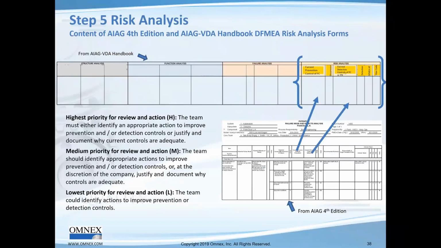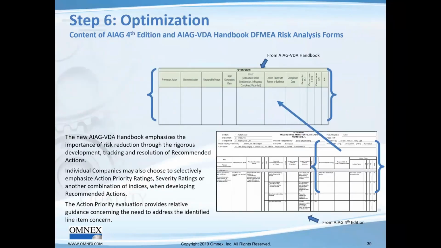All right. So medium, again, identify appropriate actions to improve prevention and detection controls. And the lowest priority, anyway, typically the teams don't have time to work on M's and L's. You look at the H's, and hopefully we'll take good action and drive the high priorities into medium or lows through the optimization step. All right.